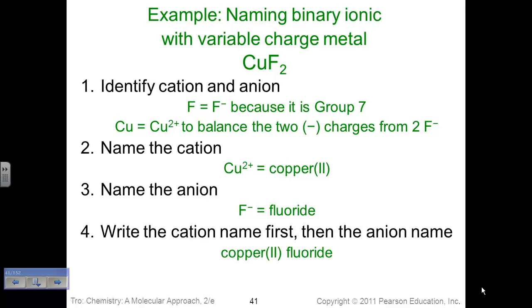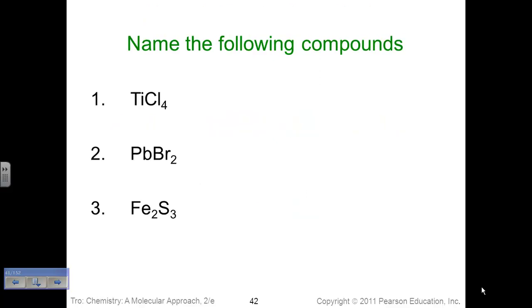It's binary, meaning 2 elements, ionic, meaning one's a metal and one's a nonmetal. Binary ionic compounds: simply name the positive, name the negative, check to see if it needs a Roman numeral. Now, of course, we've tackled this example just verbally before as we found the positive charge.